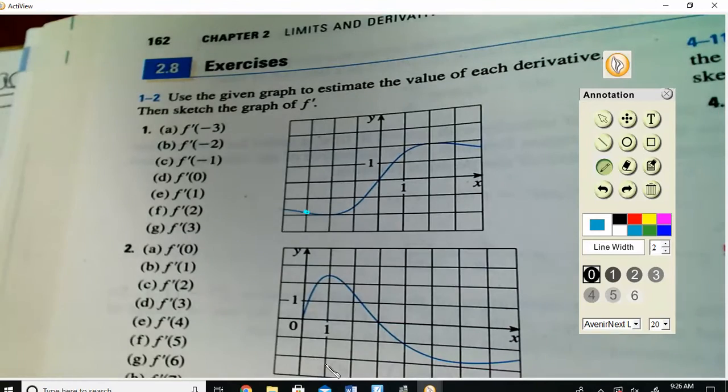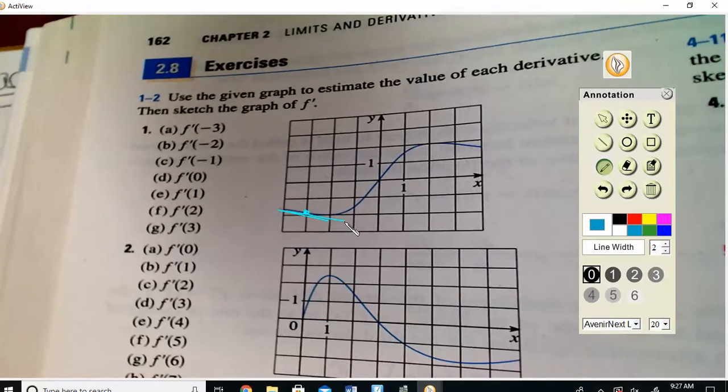So it's not going to be perfect. We are all just doing our best here. If we were to draw a tangent line there, it would have to be, well, I missed it, didn't I? A decreasing line, so something like this. If you were trying to estimate the slope of that line, you would have to have 2 points on that line, right?